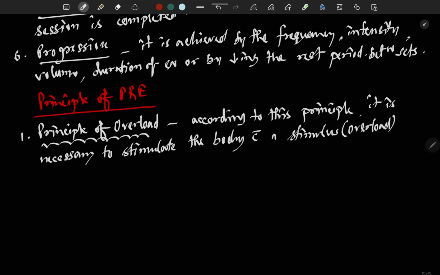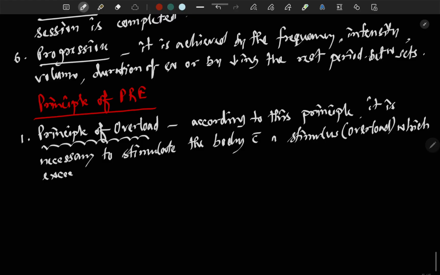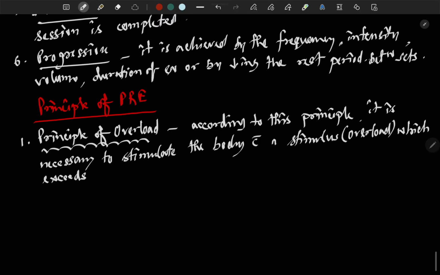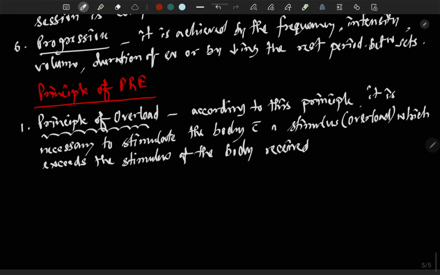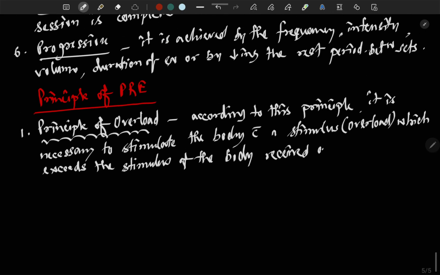The stimulus is the overload, which exceeds the stimulus the body receives on a regular basis.